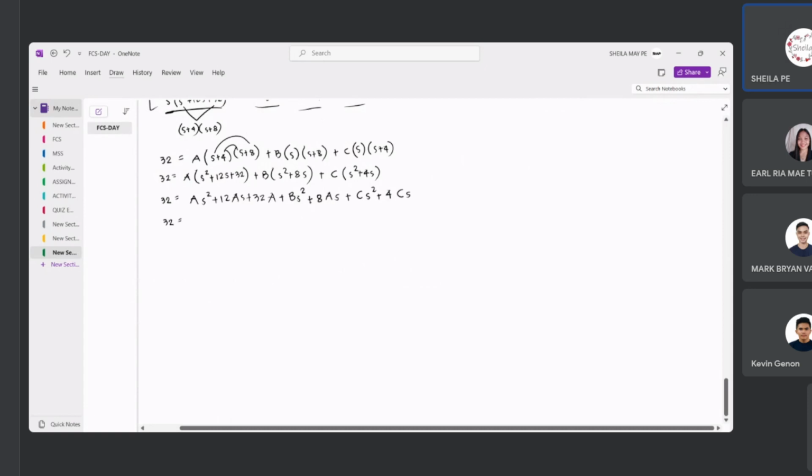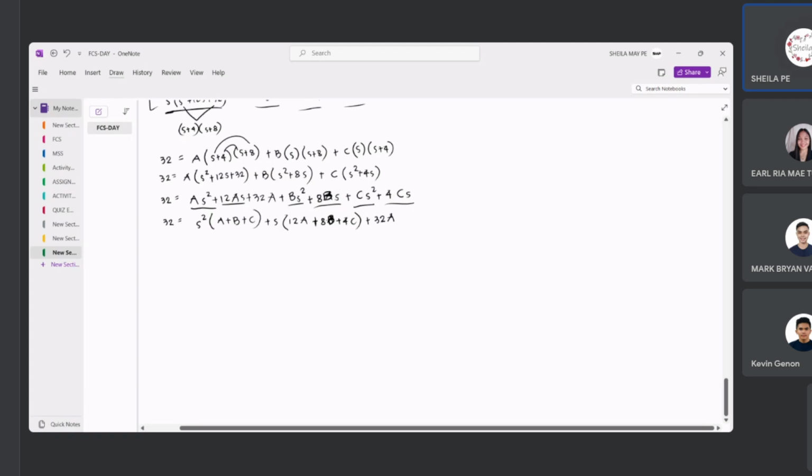Factor out s squared: A plus B plus C, and s: 12A, 8B, and 4C. And copy the remaining constant, 32A.